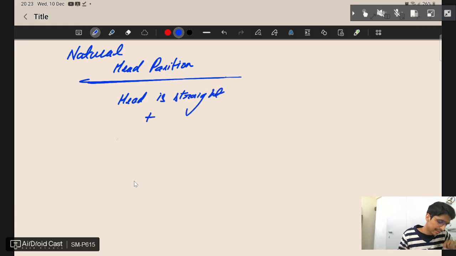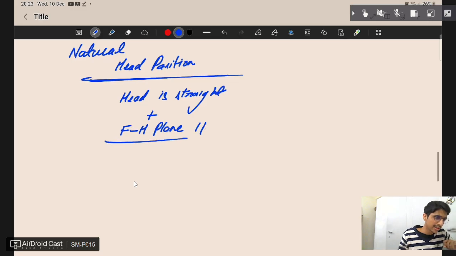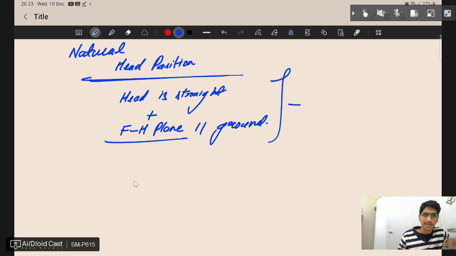Along with that, the FH plane, I assume that you know the FH plane, otherwise I will tell while discussing the landmarks, should be parallel to the ground. These are the two things we need to ensure while taking the lateral ceph.